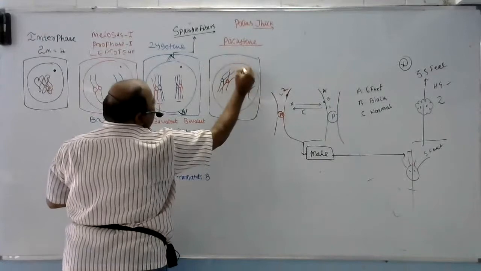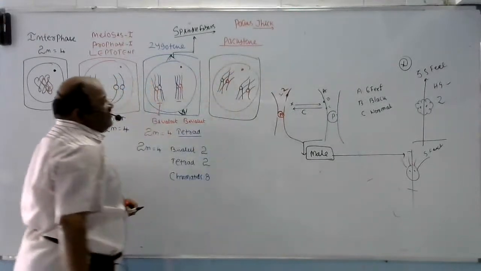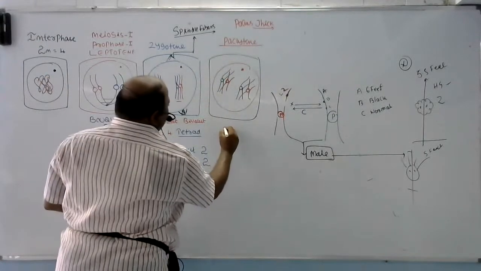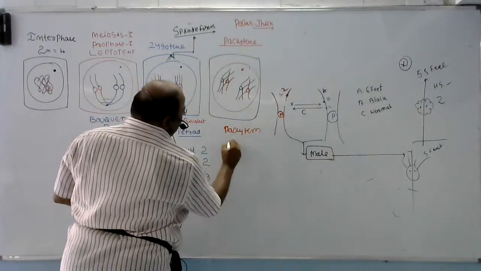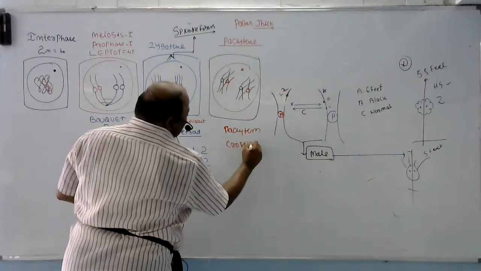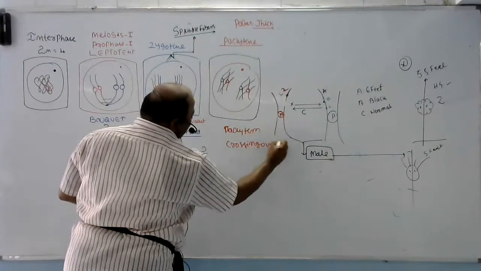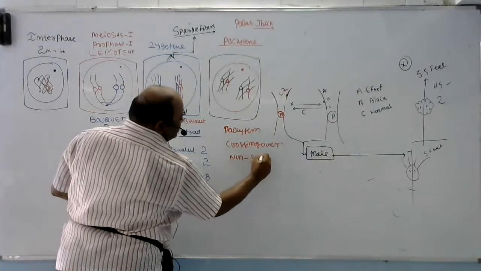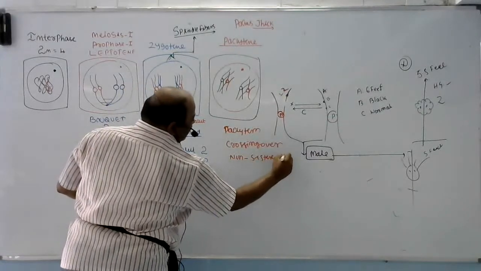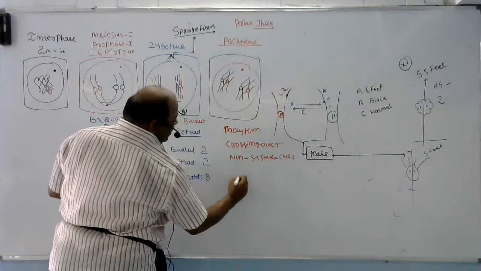Still, the nuclear membrane and nucleolus are present. So this is about the pachytene stage. What happened in pachytene stage? Crossing over happened. Exchange of chromosomal material between non-sister chromatids.